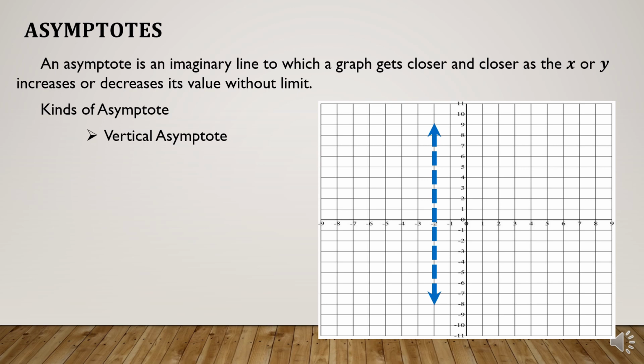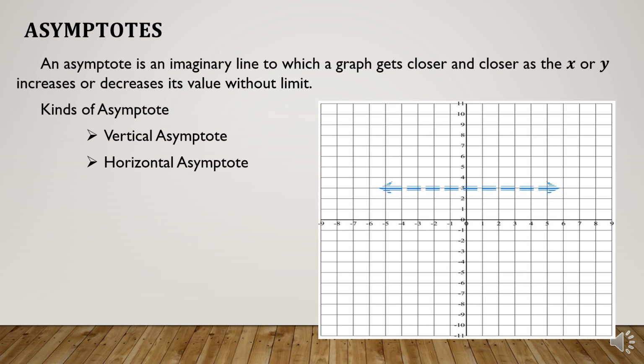You have observed that if we sketch an asymptote, it is always a broken line. It means that your graph will never intersect this broken line. Your graph will get closer and closer to this line, but it will never touch or intersect.